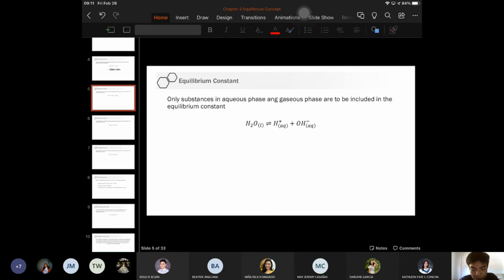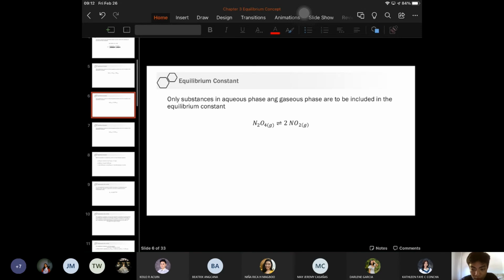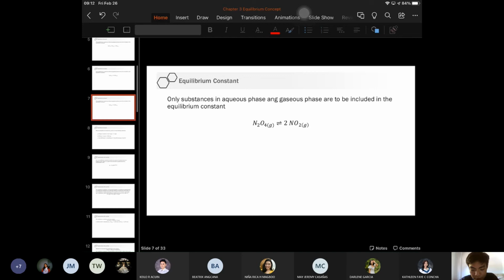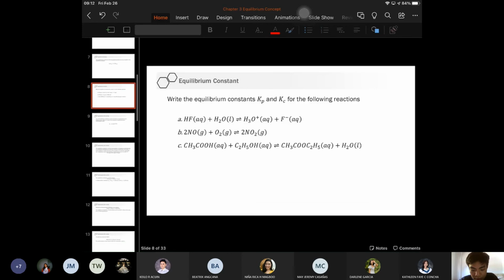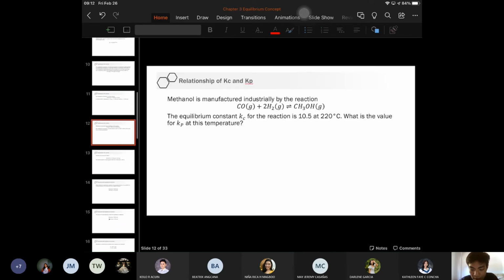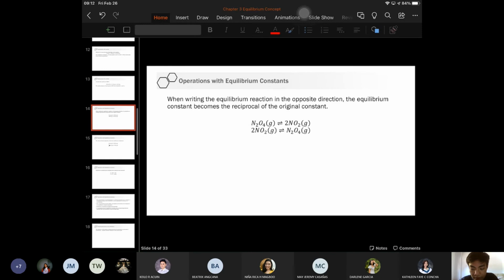We do not write the solids and the liquids in the equilibrium constant. That will also be discussed next chapter. We only write aqueous and gaseous phases. If you have aqueous phases, you can only write Kc. If you have gaseous phases, you can write both Kc and Kp. Depending on how you balance the equation, you can have different K values.